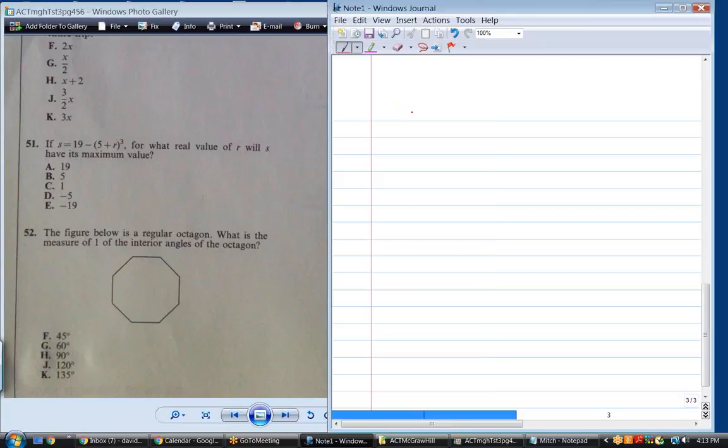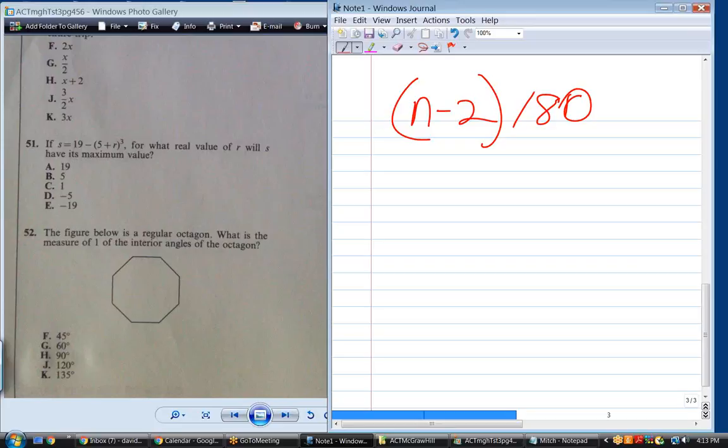Isn't it the number of sides minus 2 multiplied by 180? Now, when you're taking the test and you're not sure if that's right or not, does that work for a triangle? Yeah. Does it work for a square? Yeah. It's right. If it works for those two, you got it right.